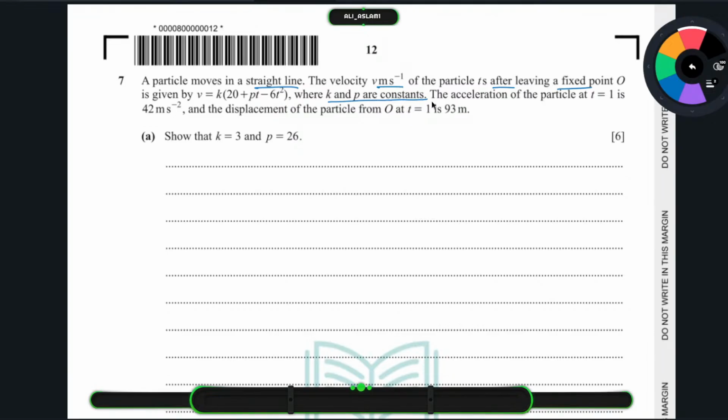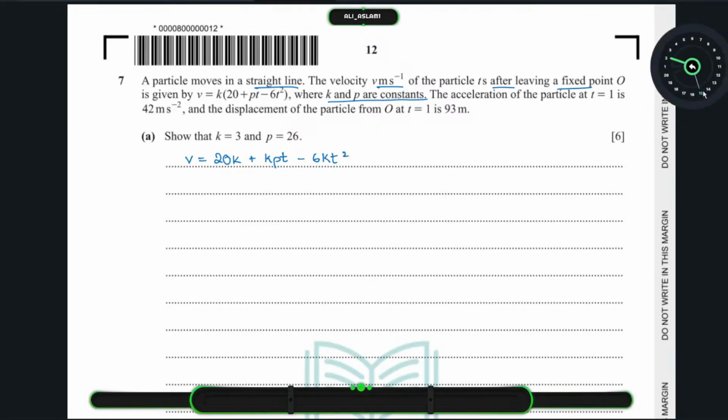If I expand the equation and differentiate it into acceleration, the constants go to 0.